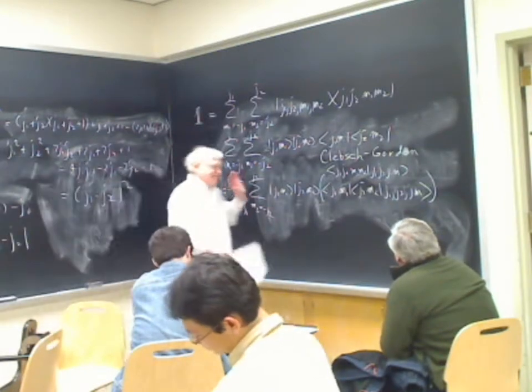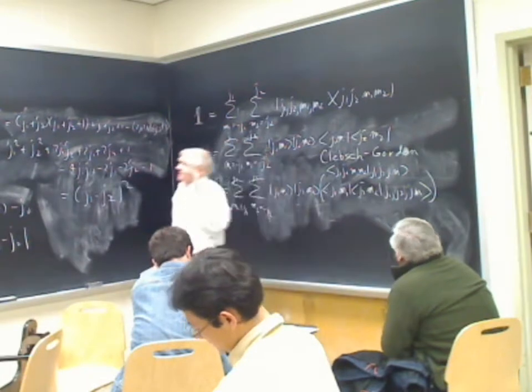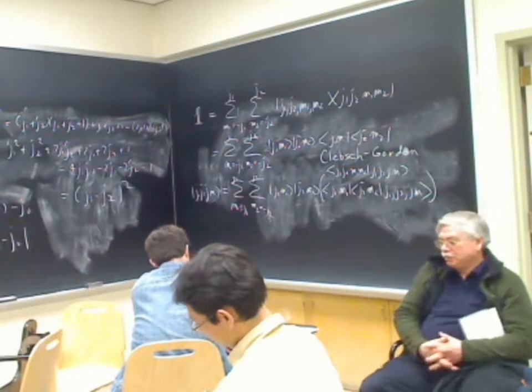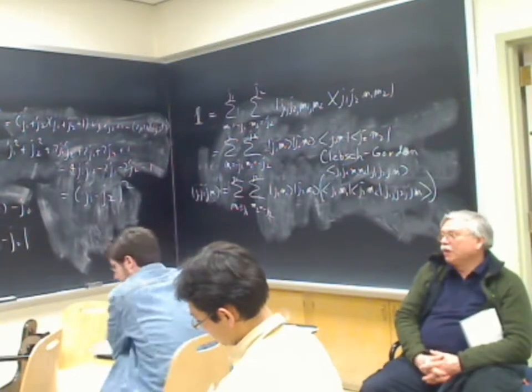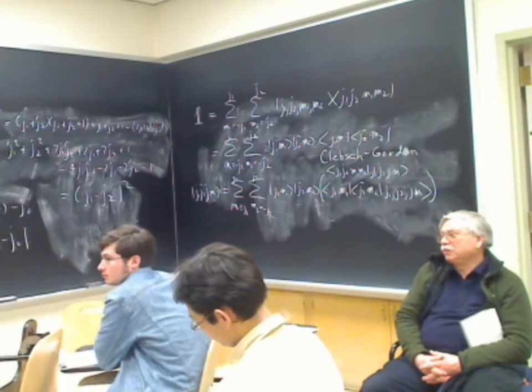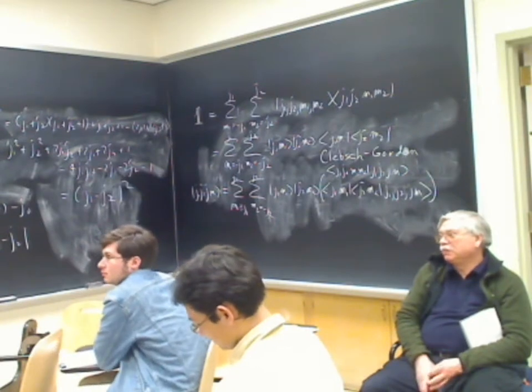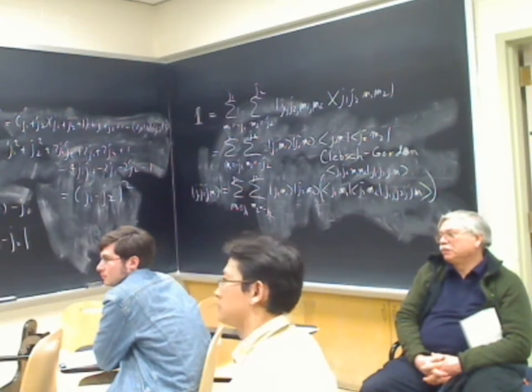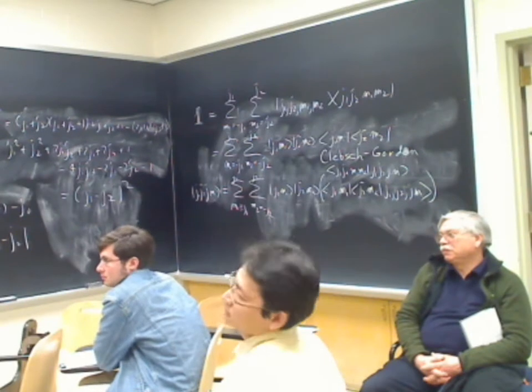Now, let's make an obvious observation here. These new states that we're introducing, each one we can multiply by an arbitrary unimodular complex number, an arbitrary phase factor, and everything is perfectly consistent.